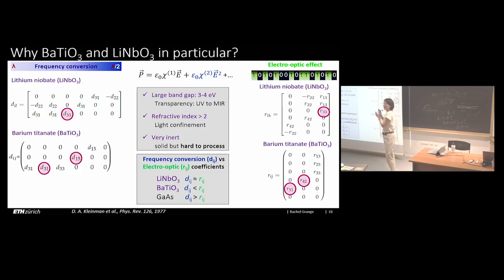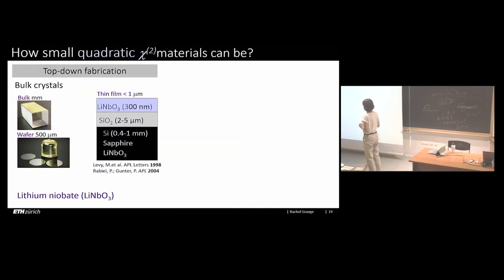And those materials are very inert, so you can crank up the power and almost never destroy the material, but it means they are very solid and very hard to process. That's why there is not yet, or maybe hopefully it's coming soon, a real foundry where you can order circuits as you do for silicon in thin film lithium niobate.